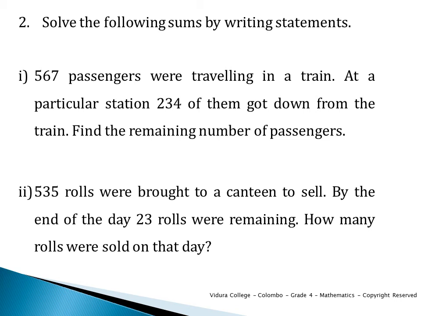Now children, you want to find the remaining number of passengers. Part 2. 535 rolls were brought to a canteen to sell. By the end of the day, 23 rolls were remaining. How many rolls were sold on that day?